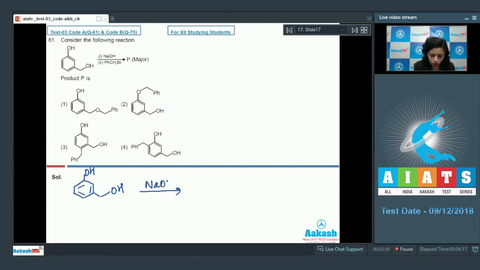Now, in the first step, there's the attack of alkali, and this alkali will extract its acidic proton because phenol is there. So the phenolic proton would be lost from here to form phenoxide ion. The phenoxide ion that would be formed here is this, and this substituent remains intact. Now, the second reagent is there.